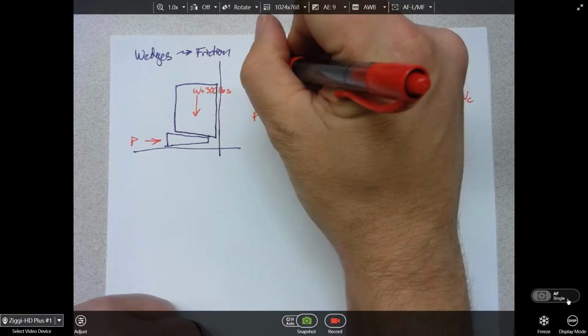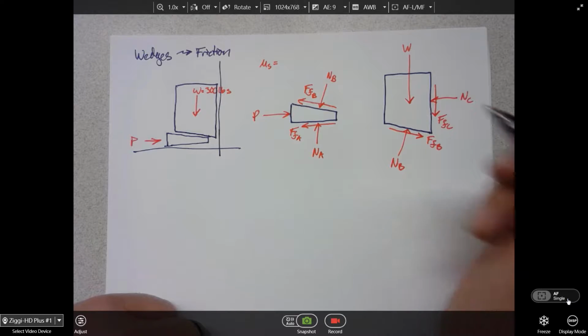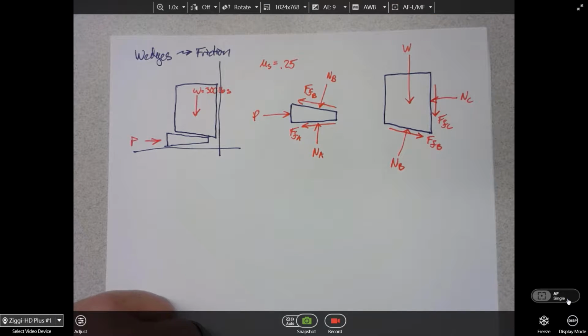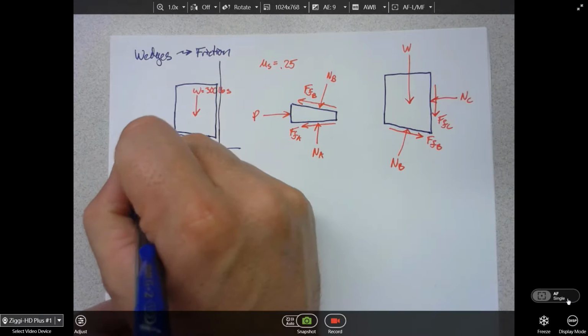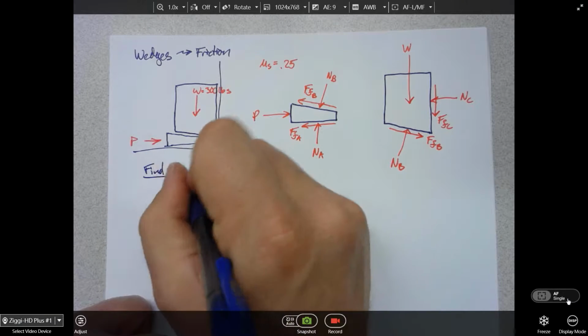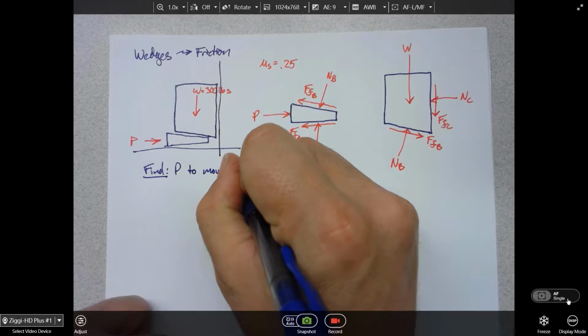And we'll say that mu static everywhere, for all the surfaces, is 0.25. And we want to find P to move the block up.